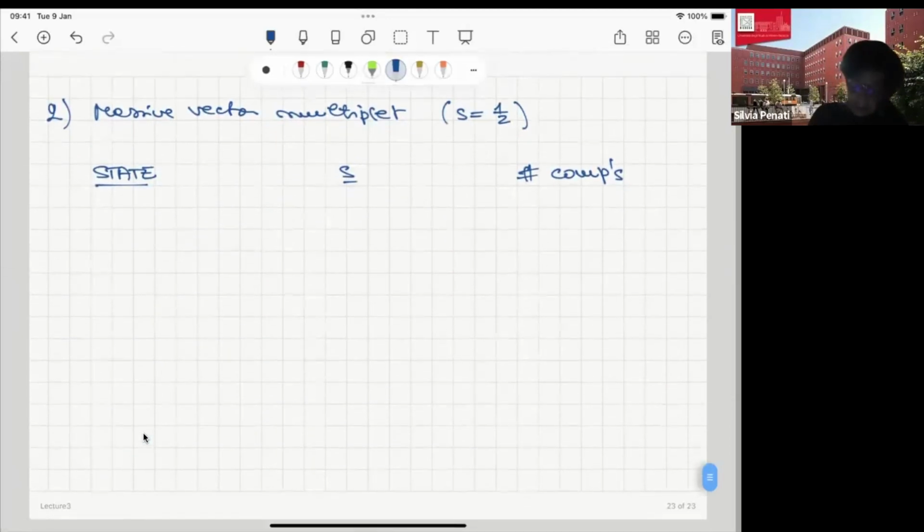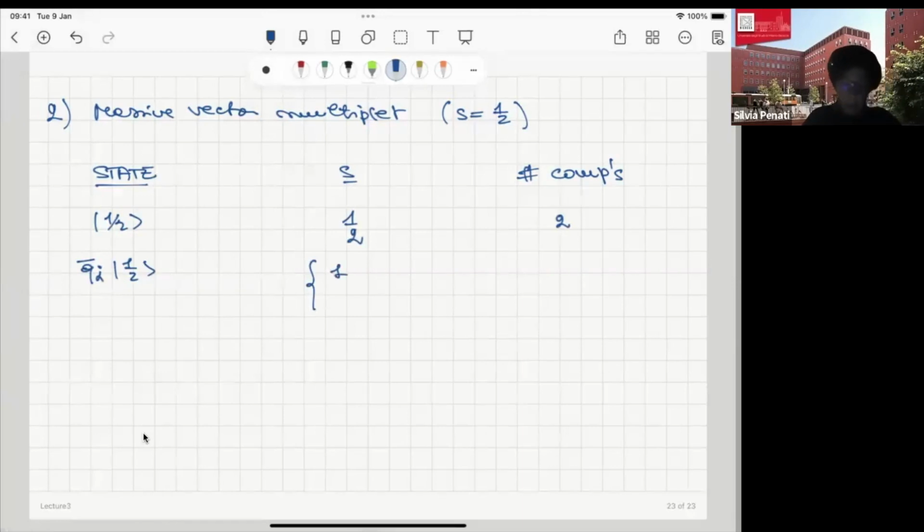So in this case, we have the state, which is m, and let me just call it 1/2. M is always the same, so we have a spin 1/2, and therefore we have 2s plus 1 components, which in this case is 2. Then I apply q bar alpha dot to 1/2. In this case, I obtain a spin 1 particle, which has 3 components, and a spin 0 particle, which has 1 component.